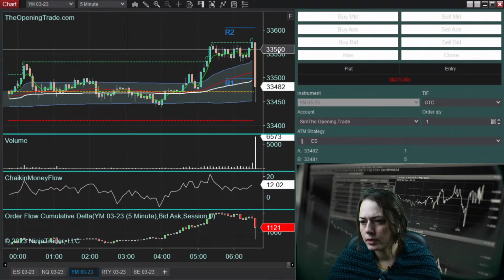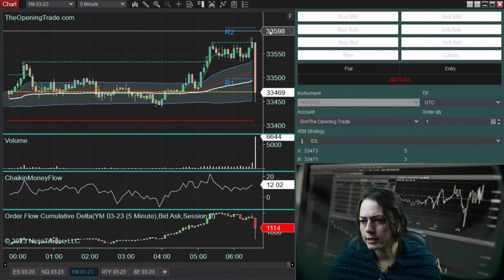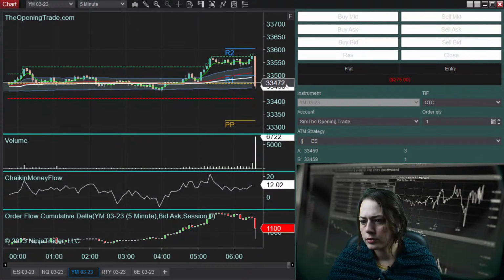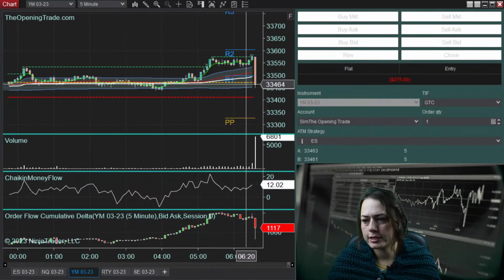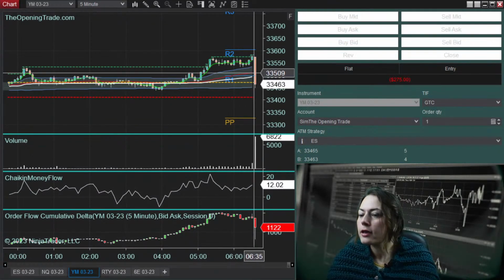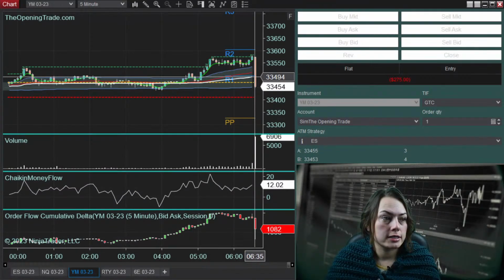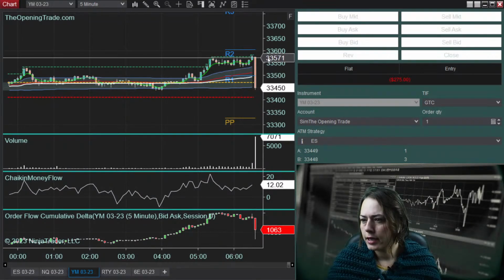Trying to get this chart. All right, so this is our pivot point. I confused it because they're the same color. This is the resistance level 1 above the pivot point.